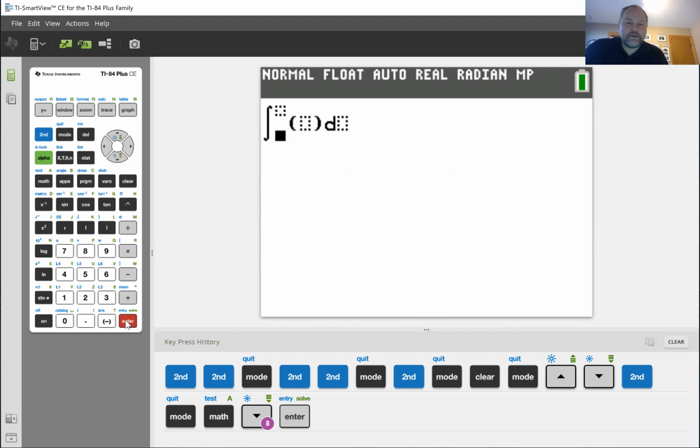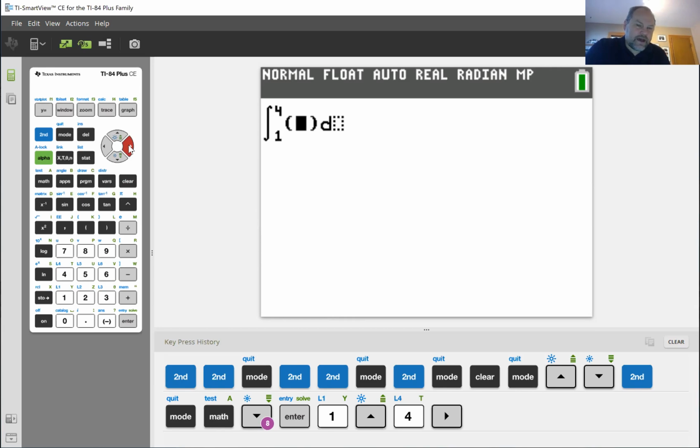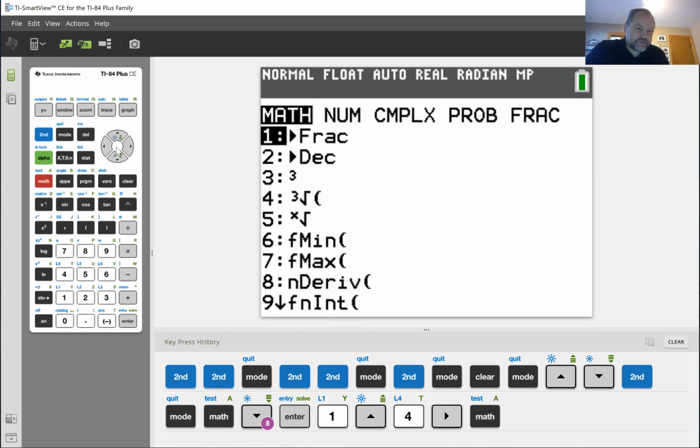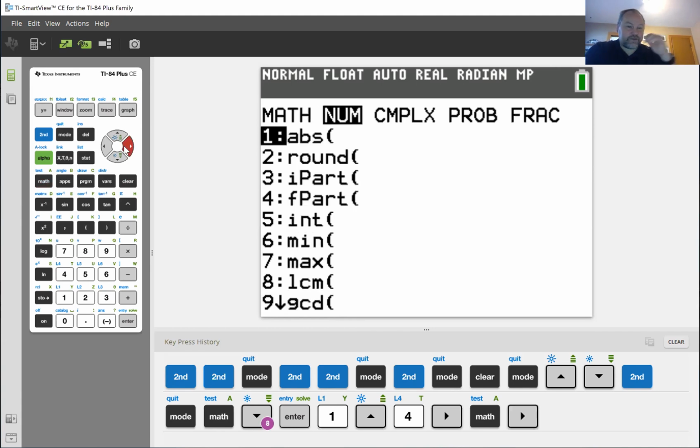So you'll see I have an integral symbol. So my original interval went from 1 to 4. I want to make sure I'm getting the overall distance traveled.